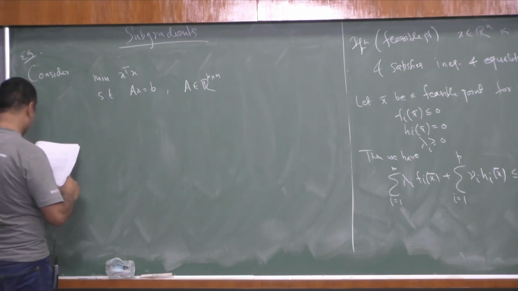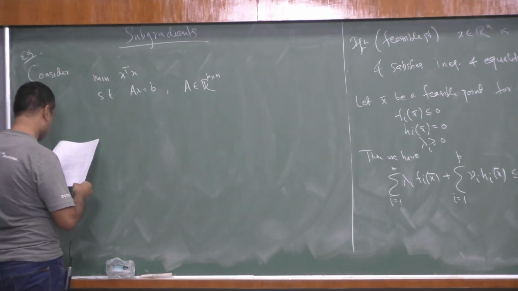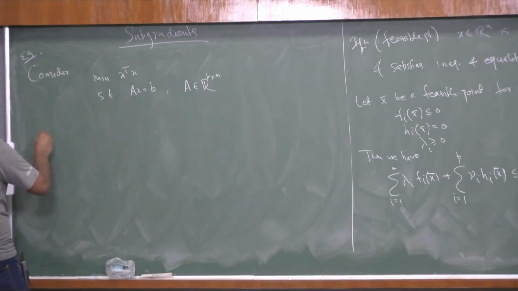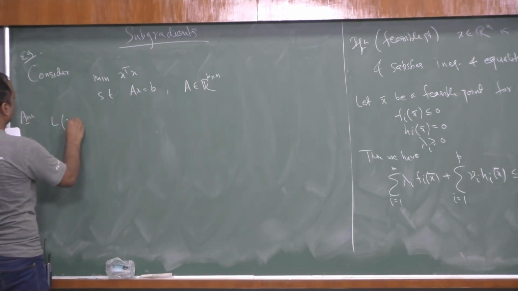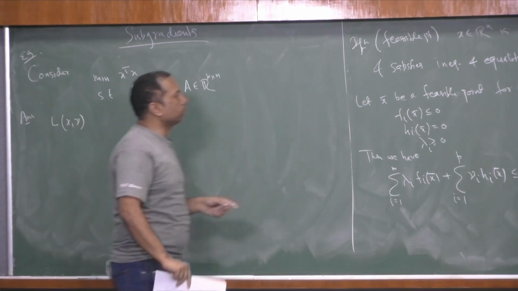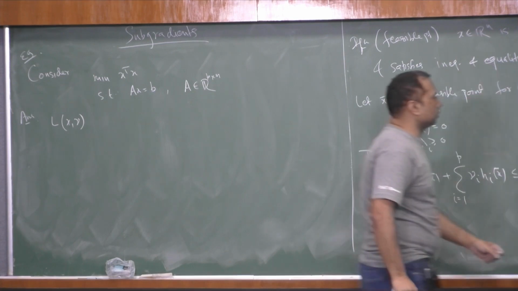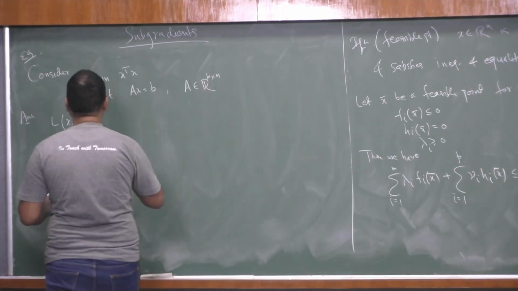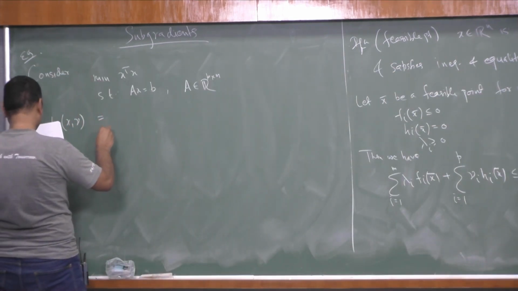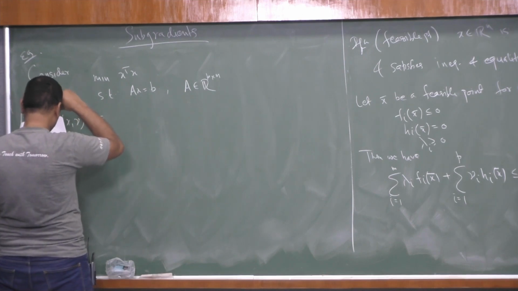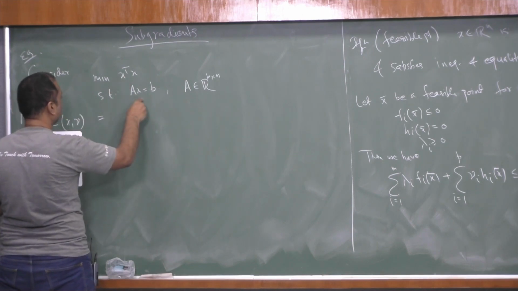So in this case, the Lagrangian will be in x and nu only, because there are only equality constraints. Only nu is there; lambda you don't have to consider, because there are no inequality constraints. So L of x, nu will be basically the objective plus nu times the constraint.